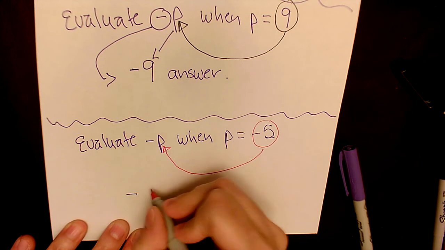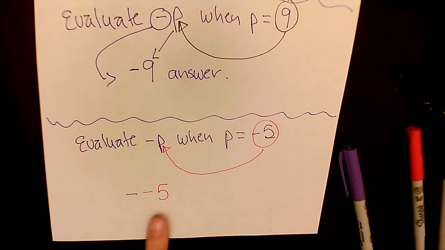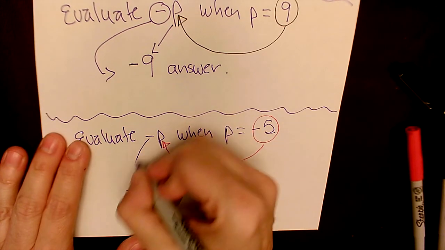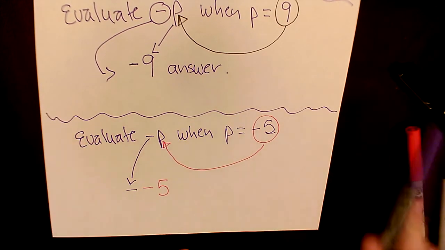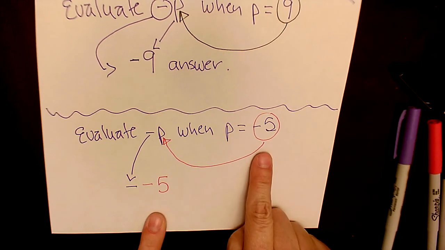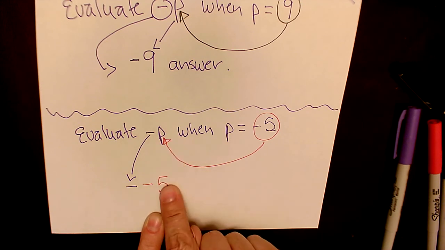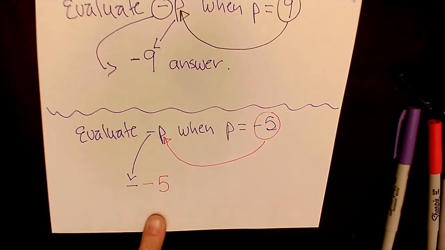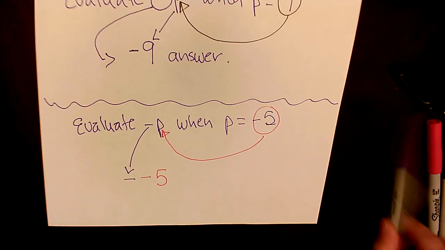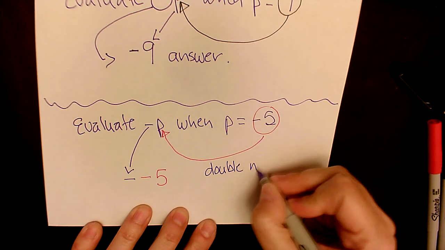So here's the P, and then I'm bringing down this negative. This is the P right here, and then I bring down the negative. Does anybody know what it means when we have a double negative, or two negatives together like that?